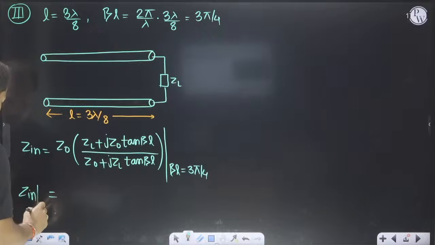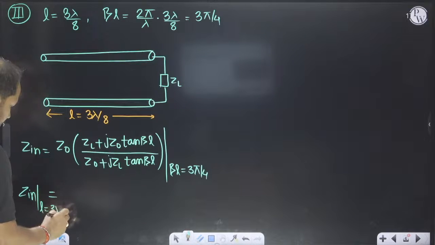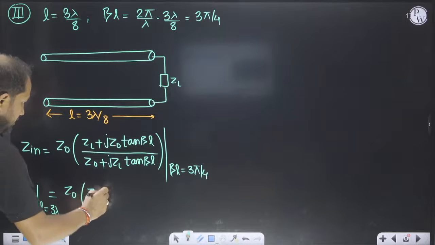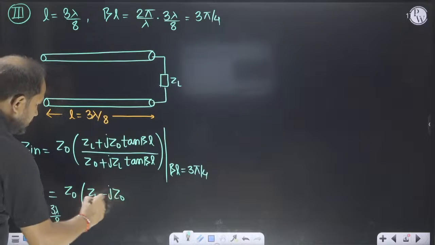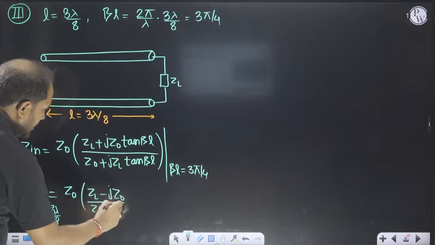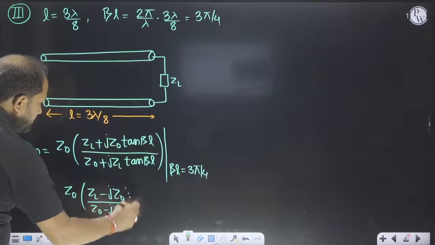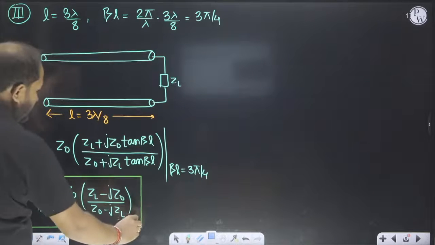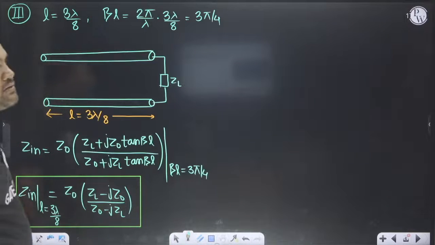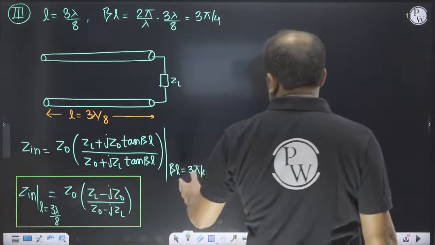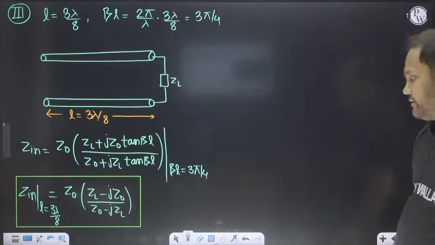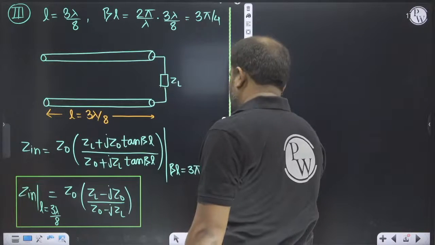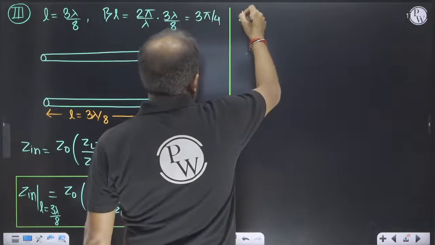So Zin at 3 lambda by 8 is Z0 times (ZL minus jZ0) divided by (Z0 minus jZL). This is the formula for Zin at length 3 lambda by 8. Then we have one more length remaining, lambda by 2.